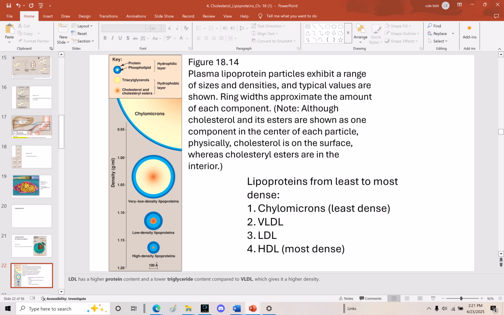The high density lipoproteins have the highest amount of protein. They have the most protein associated with them. That's why they're the most dense. They also have a lot of cholesterol as well, not as much as LDL, but between cholesterol and all the proteins, the HDL is going to be the highest and the most dense of all of them. So from least to most dense, it's chylomicrons, VLDLs, LDLs, and then HDLs.